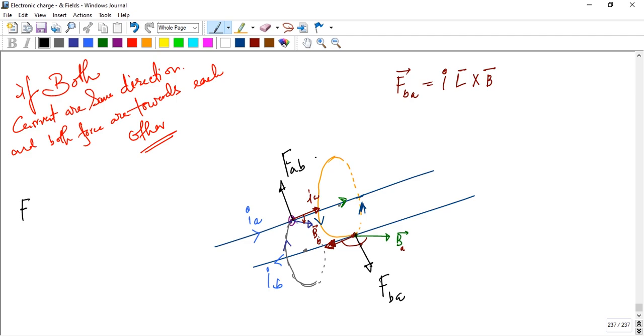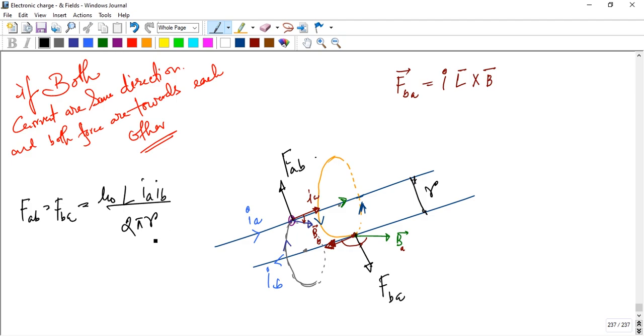So FAB or FBA equals mu naught L IA IB by 2 pi r, where r is the gap.